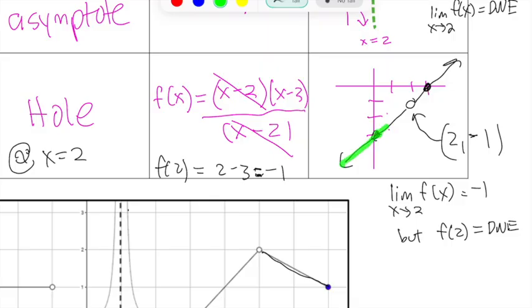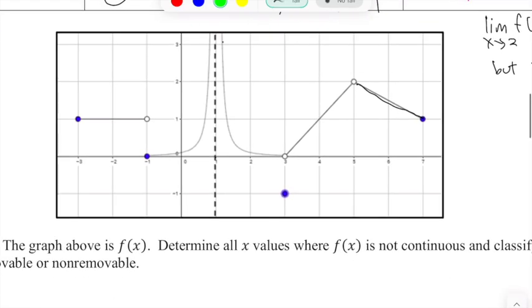So notice as we approach 2, the limit is -1. That's what that says. But when you plug in, you get does not exist. And it's because the original function had an indeterminate form. We canceled out a factor, but still, we don't exist at 2. So this is the last type to test.